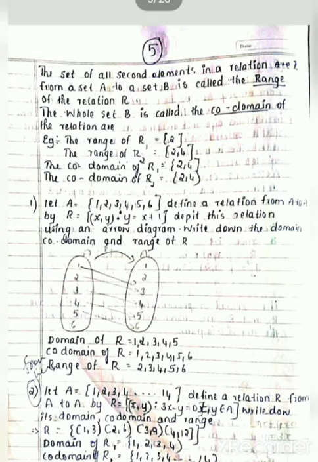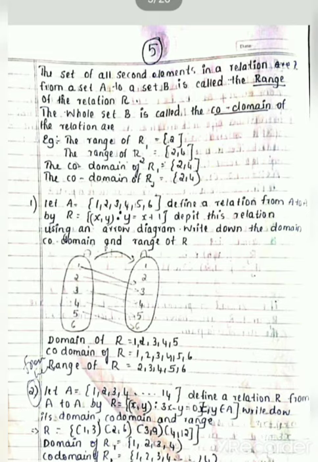Now the relation. If you take the first element 1, the relation is defined as y is 3 times x. Now x is 1, so y should be 3. Next, take the second element 2. The second element is 3 times 2, that is 6.